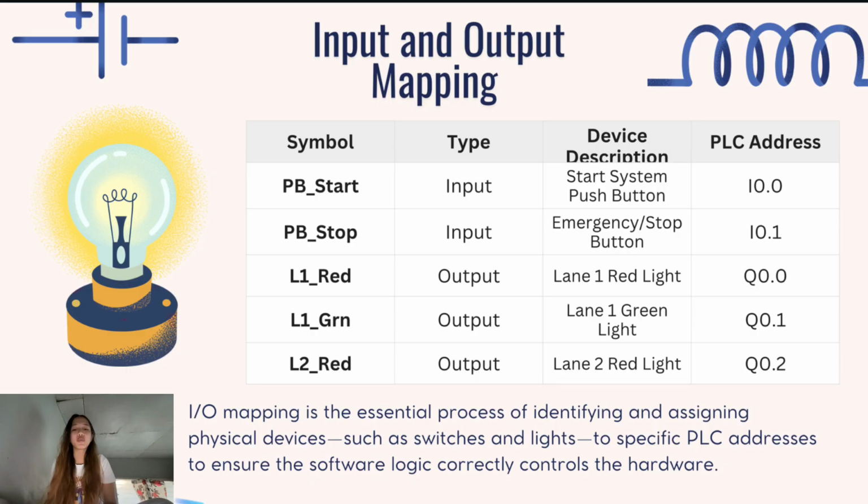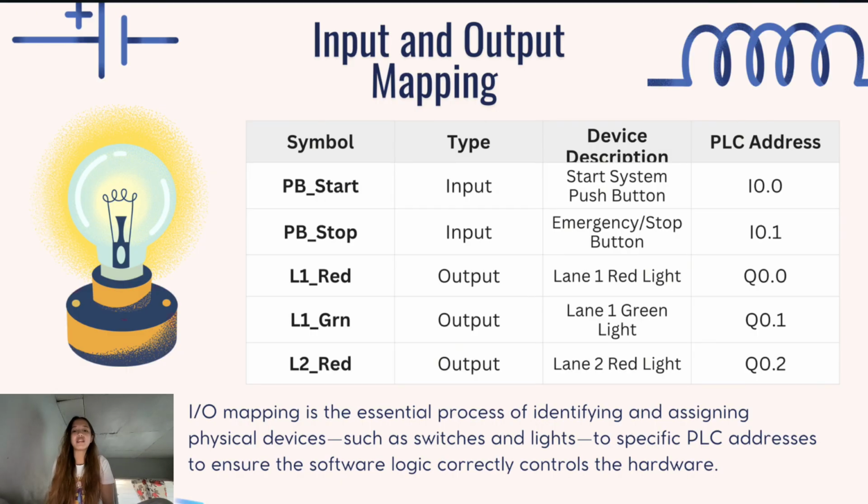For the inputs, we have the PB start, which starts the system and is assigned to address I0.0, and the PB stop, which acts as an emergency or stop button and is assigned to I0.1. For the outputs, L1 red controls the red light for lane 1 at Q0.0, while L1 green controls the green light for lane 1 at Q0.1.